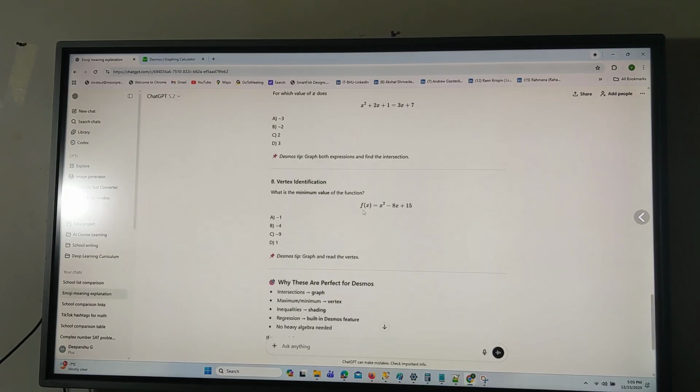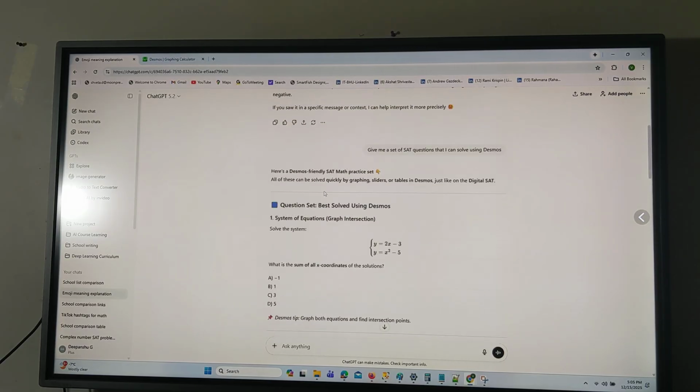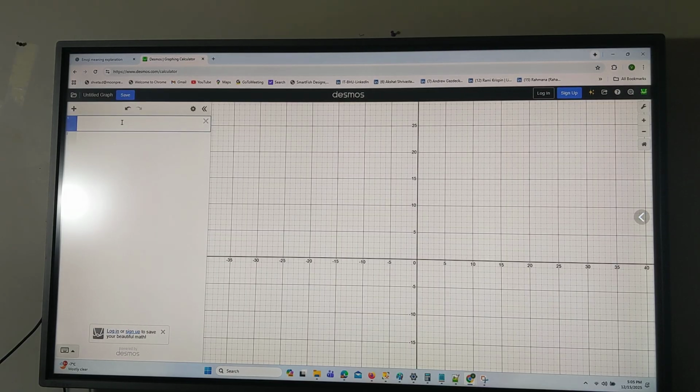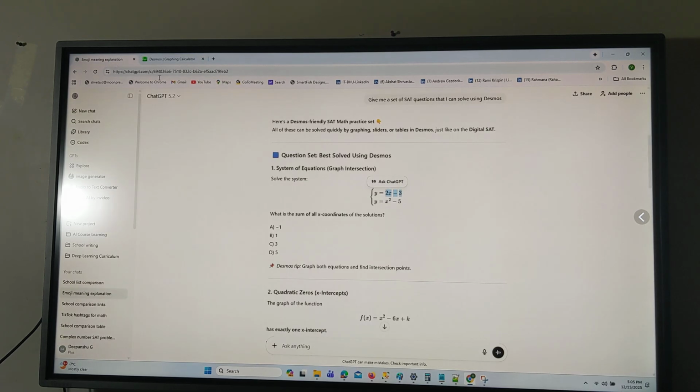What I'm going to do now is use a set of SAT questions I asked ChatGPT to give me, to solve using Desmos. Let's say this is a system of equations: 2x - 3 and x^2 - 5. What is the sum of all the x-coordinates of the solutions? Let's plot these two equations and see how they look.